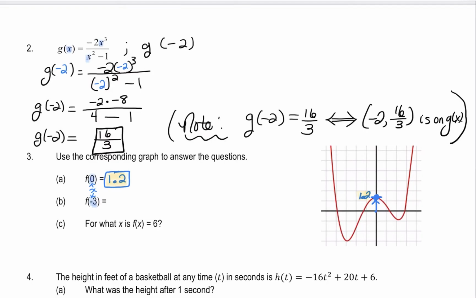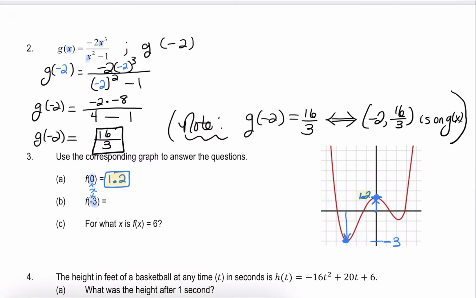All right, let's look at another one. Now let's take a look at f of -3. So I go to -3 on my x-axis, 1, 2, 3. Here I am at negative 3, and I go to where that point is on the graph. It looks like that's down here at negative 3 as well.